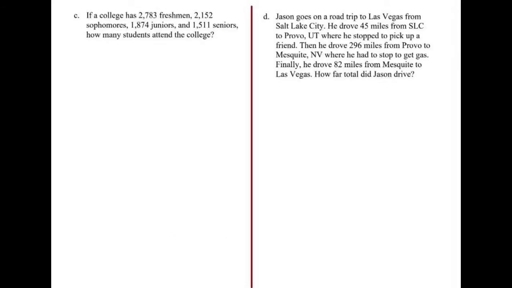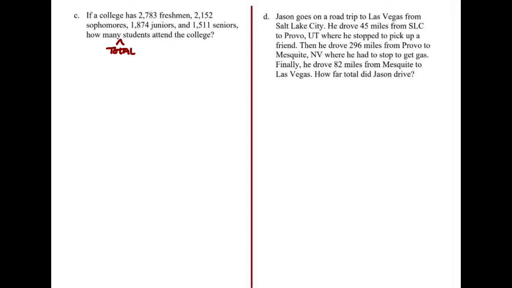Here's the two for us that are not started at all. So, C. If a college has 2,783 freshmen, 2,152 sophomores, 1,874 juniors, and 1,511 seniors, how many students attend the college? And again, can you see how we want how many total students attend college? We're going to add them all up, aren't we? So we've read through the whole thing.